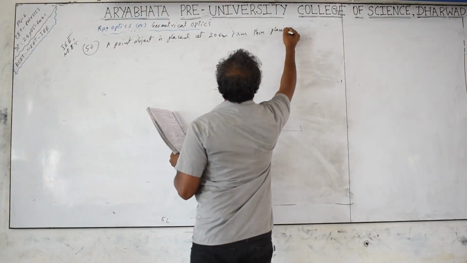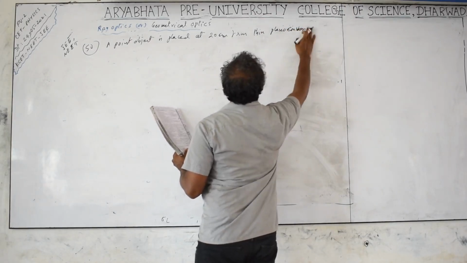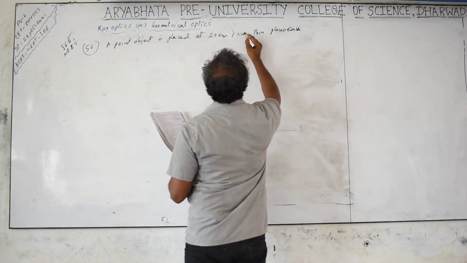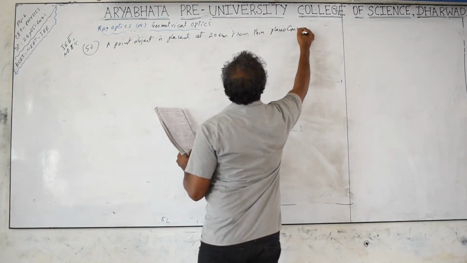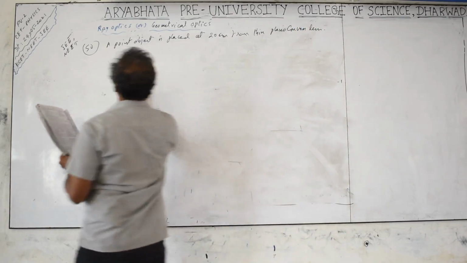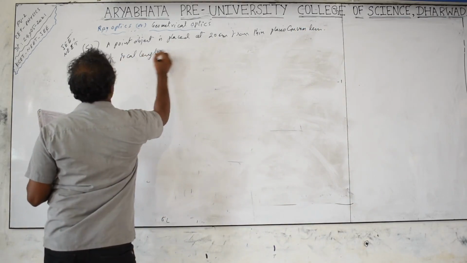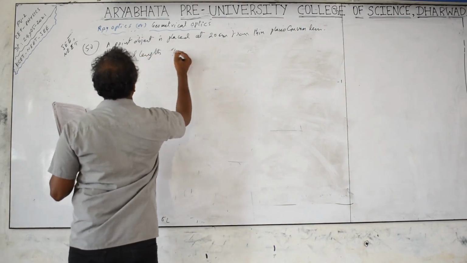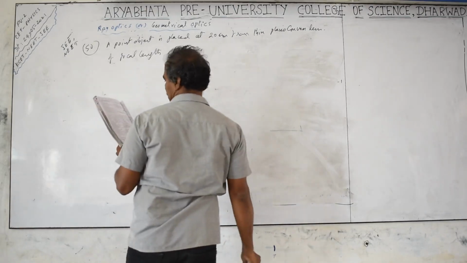If they don't mention thin also, we take it as thin only unless specifically mentioned. The plane surface is silvered.